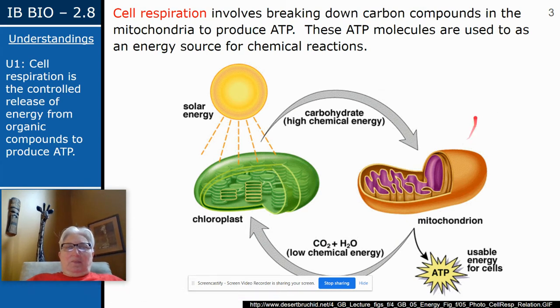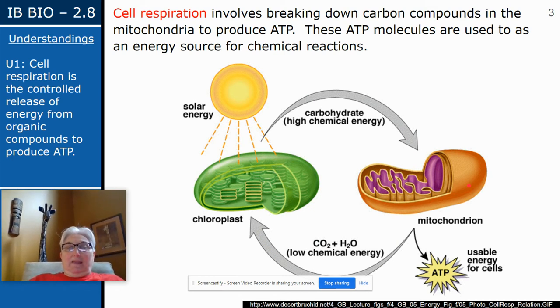Cell respiration, we saw, with photosynthesis occurring over here in the thylakoids of the chloroplast. What we're going to look at is what happens during cell respiration. Now, instead of taking place in the chloroplast the way photosynthesis did, cell respiration is going to take place over in another organelle, the mitochondria.